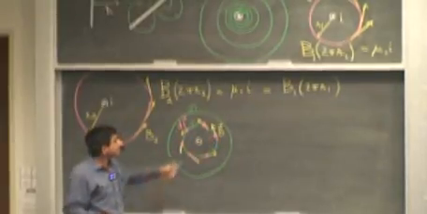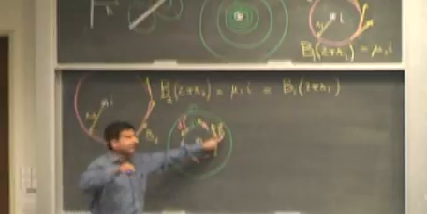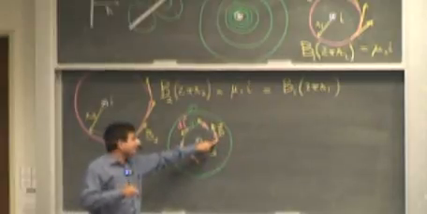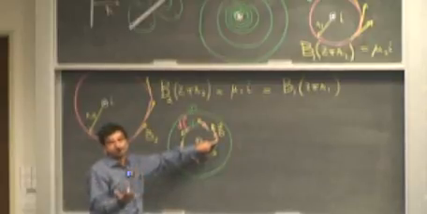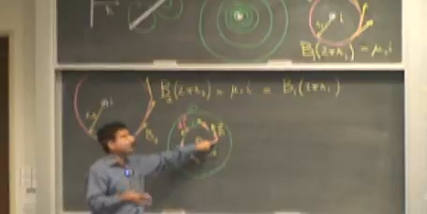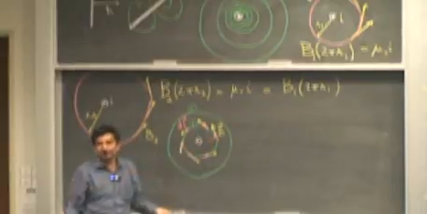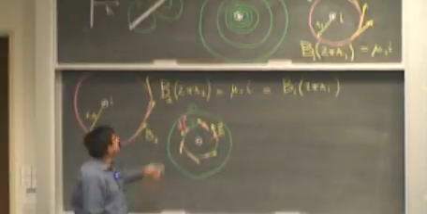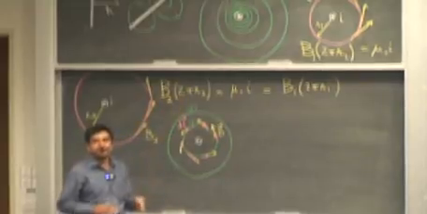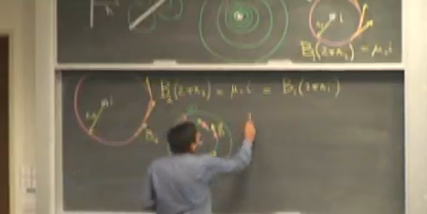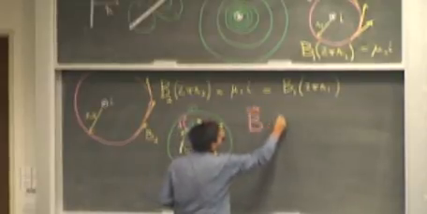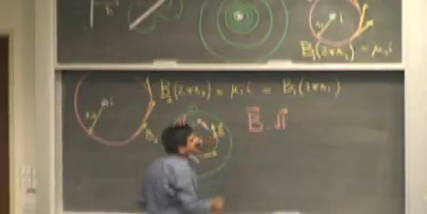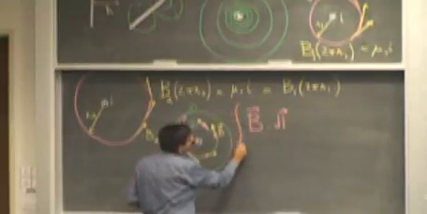The angle between the B that locally exists at this point and the infinitesimal distance that I've moved is 0, because the dL for a circle is also along the tangent. Hence, this B times 2 pi R is simply a dot product of the B, the local magnetic field, with a small increment in distance that I make, and I integrate over the closed path.